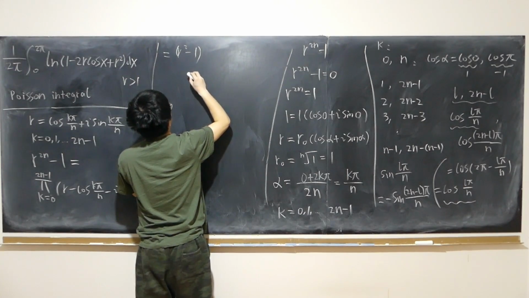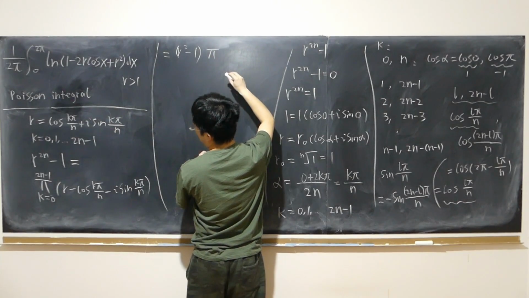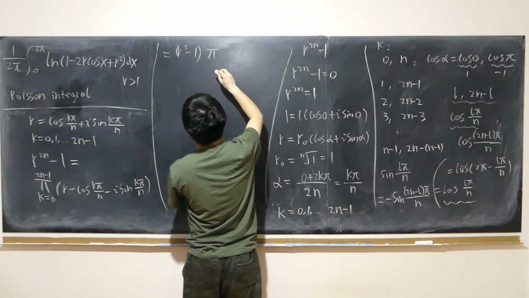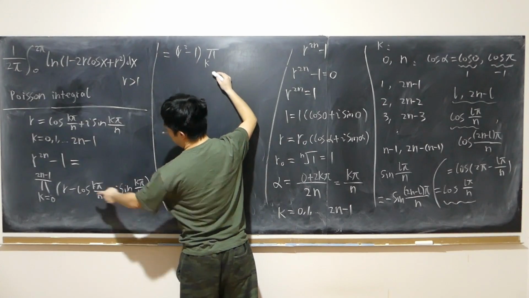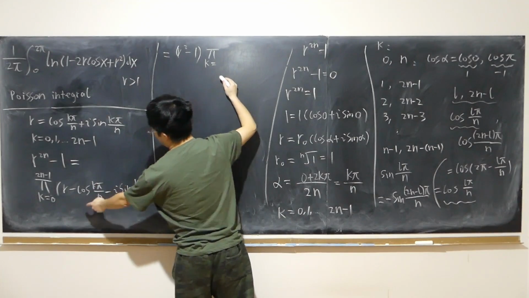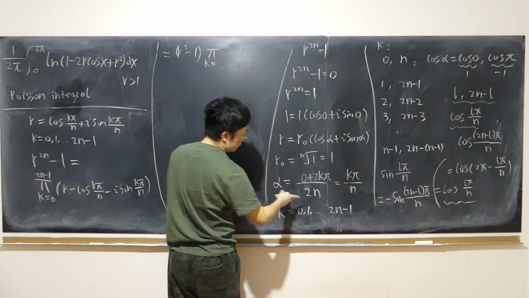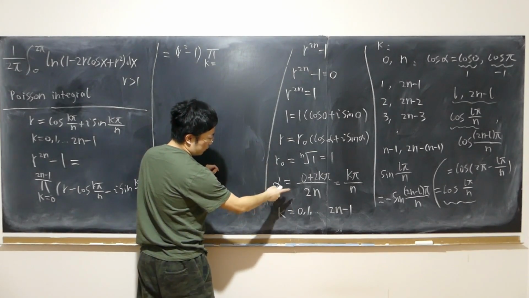Then I go from the finite product, k goes from 0 to 2n minus 1. It's the same as if, because 0 and n are already isolated out, I just need to work out 1.